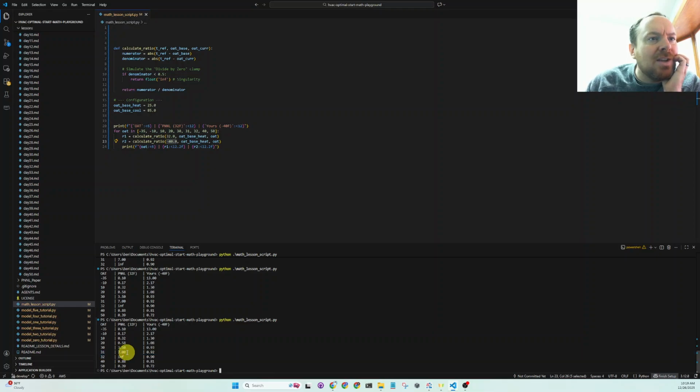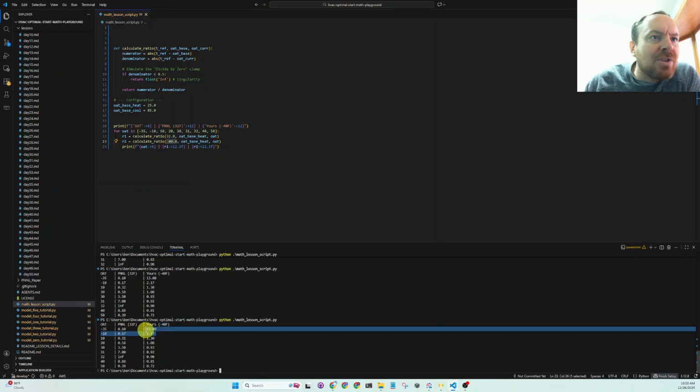So we don't want that to happen. Unless we crank that up to a very high or cold value that theoretically won't ever exist, then it's fine. So when I put my model to -40, our ratio does start to explode, but that's fine because we'll never get there. And yeah, I just wanted to show that.